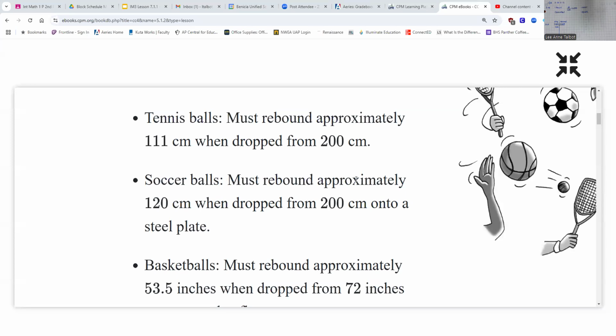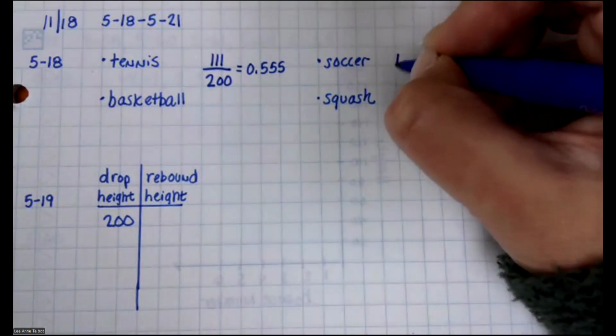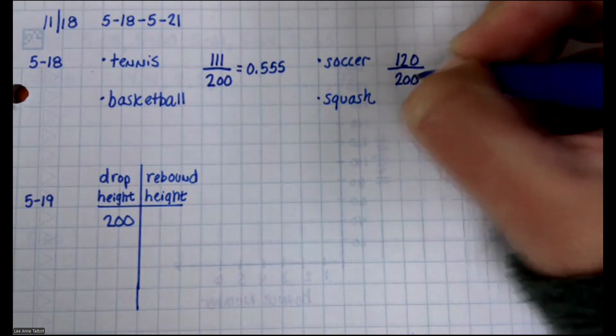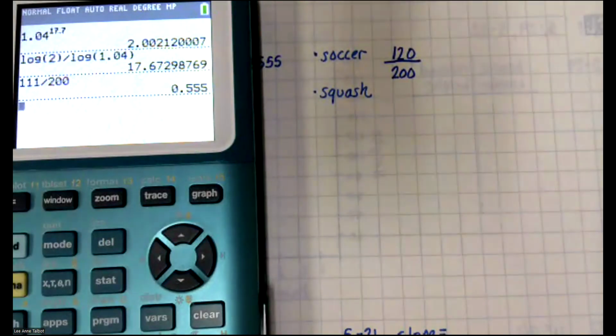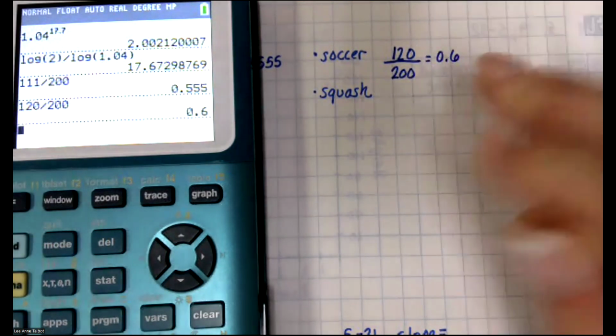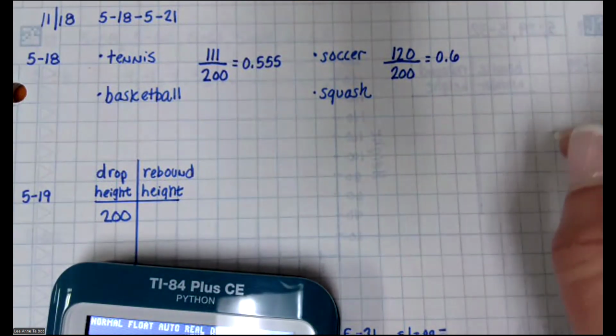Soccer balls must rebound approximately 120 centimeters when dropped from 200 centimeters on a steel plate. I don't even know why that's a thing, but what do I know? So they come up 60% of what they're dropped.